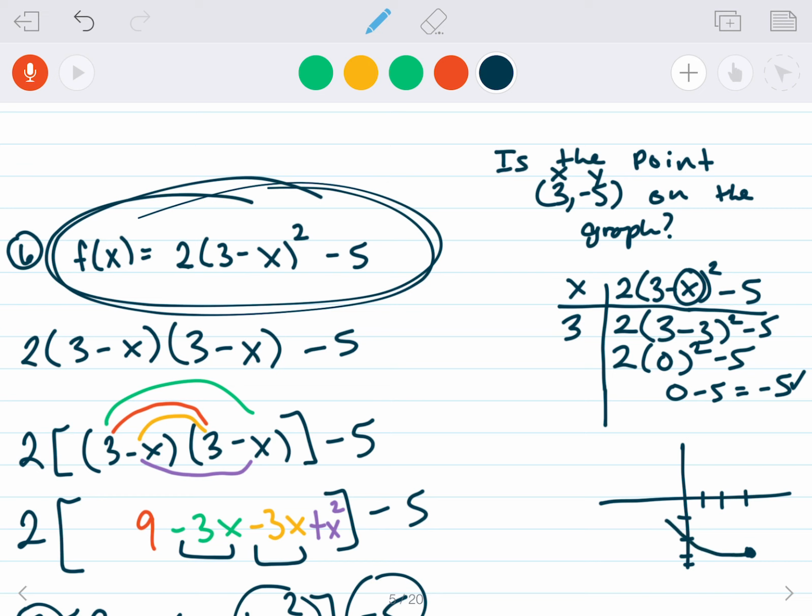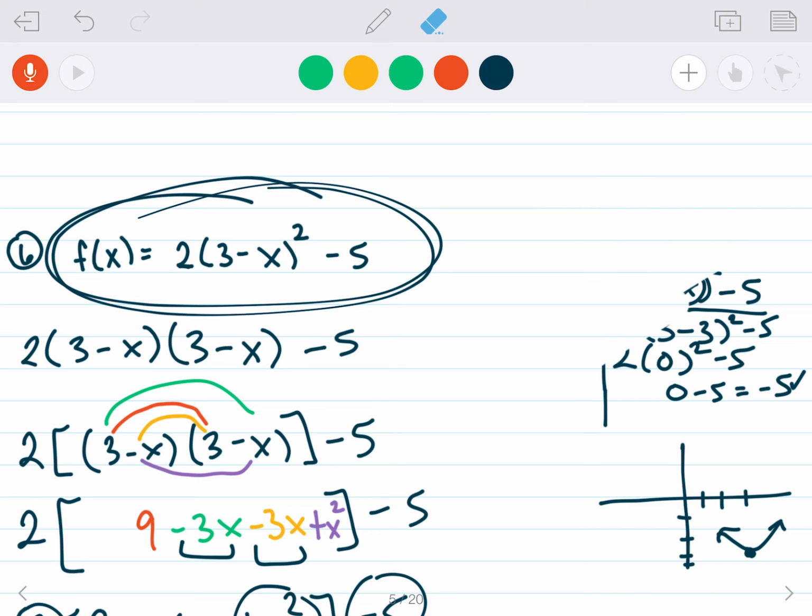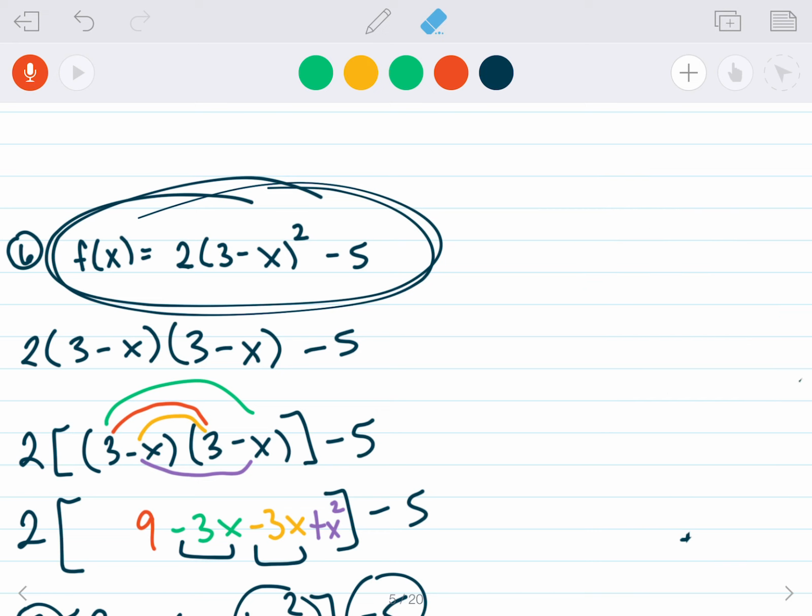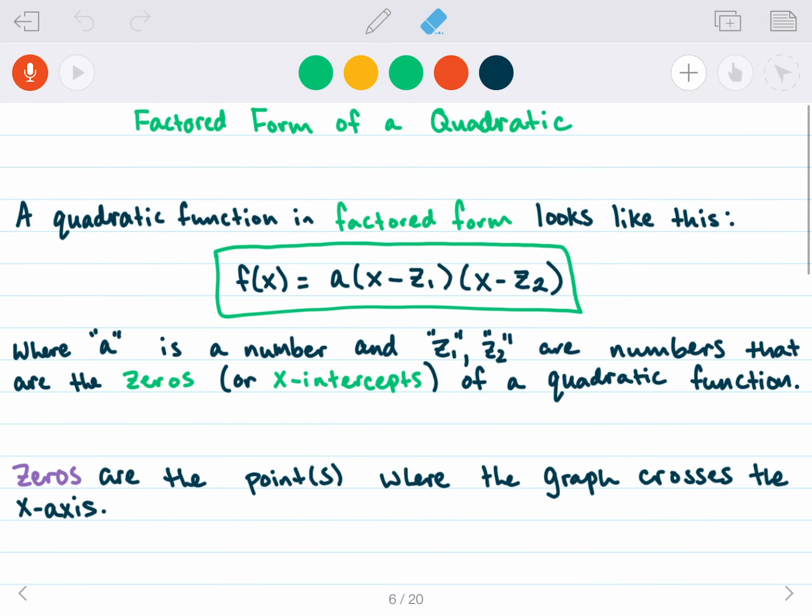This isn't drawn to scale, but it's going to be a point on this curve right here, and you could check other points too. So that's just a little side note that quadratic functions are functions.